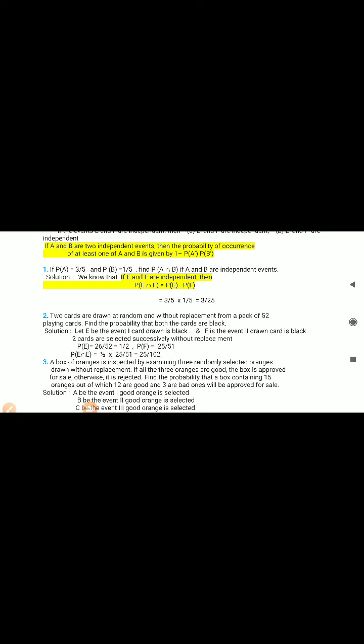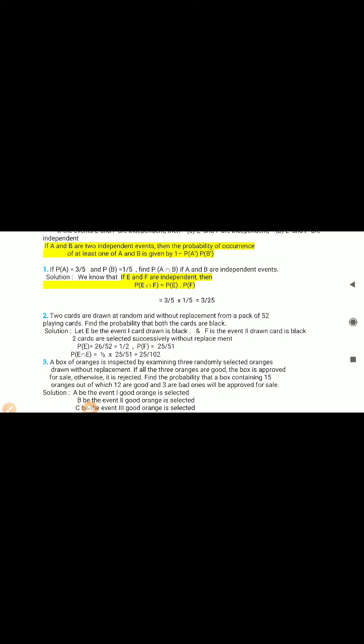Now E is the event that the first drawn card is black, and F is the event that the second drawn card is black.